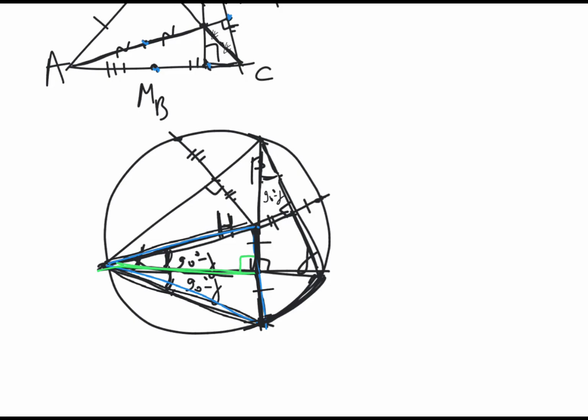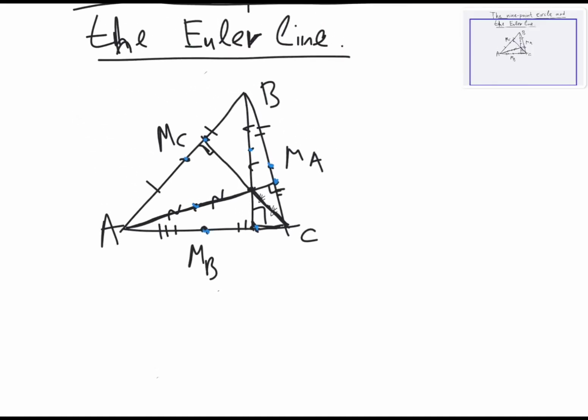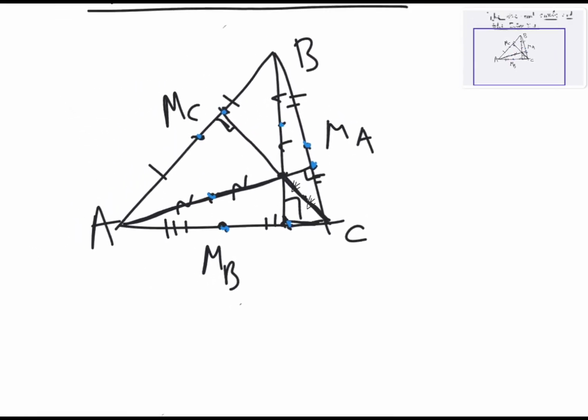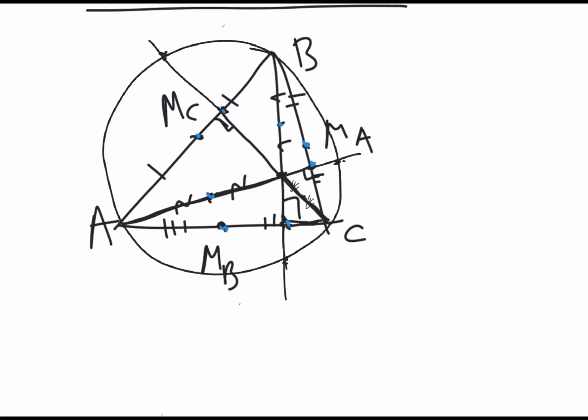Okay, so now I will remove this. We draw the circumcircle, and we extend these altitudes to the intersection with the circumcircle, and just as we established, this segment is equal to this segment.